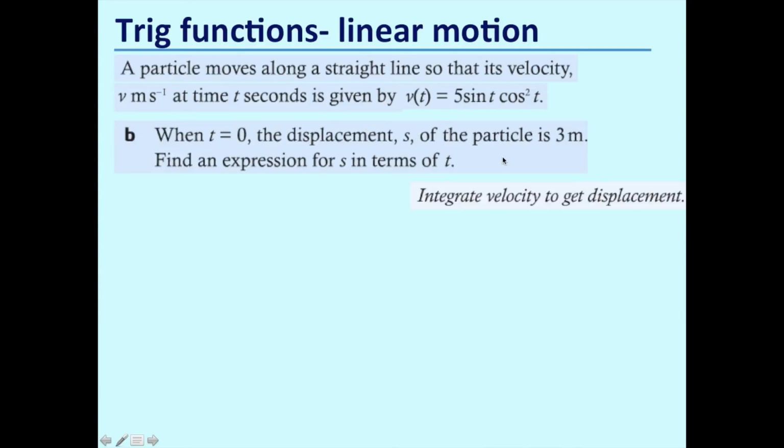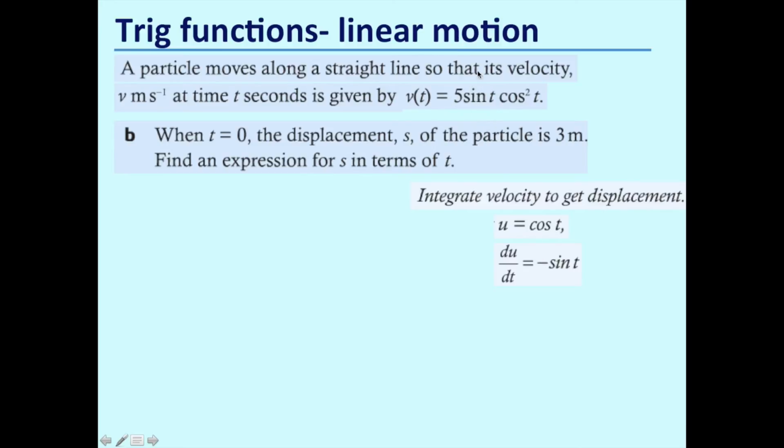When t equals 0, the displacement of s is 3 meters. Use that to find the expression for s in terms of t. So in this instance, we know that if we have the velocity function, we need to integrate that in order to get an expression for the displacement. In our function here, we can see that if we set u as cos t, we have du by dt equals negative sine t.